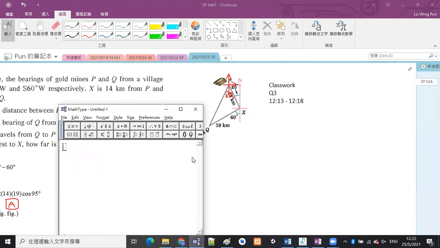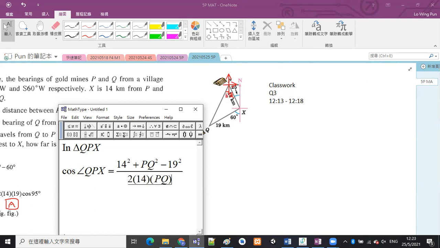So in triangle PQX or QPX, okay, cosine angle QPX is equal to a fraction. The negative term should be the length opposite the angle. That should be 19. And then the other two will be 14 squared plus PQ squared, divided by 2 times 14 times PQ.